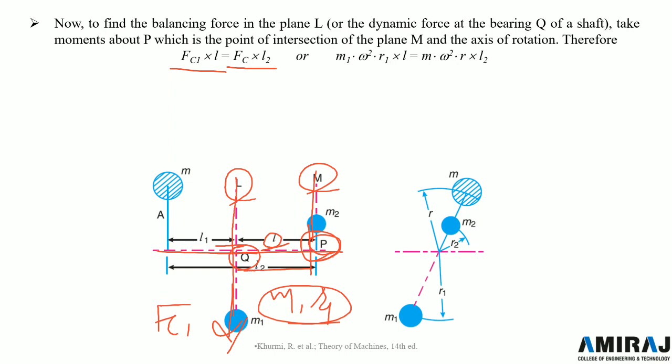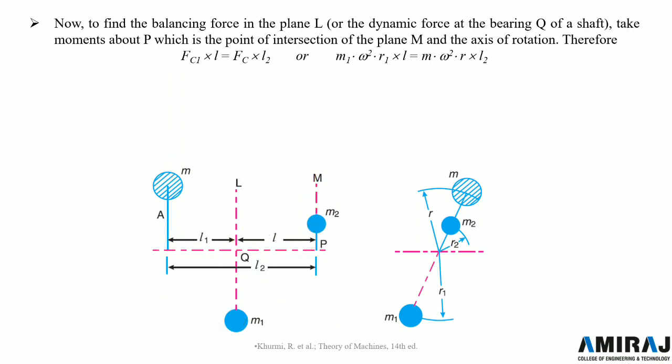Here l2 is this distance and FC is the centrifugal force. Let me mention here again, this is FC and here it will be FC1. This will be the l distance and the total will be the l2 distance.